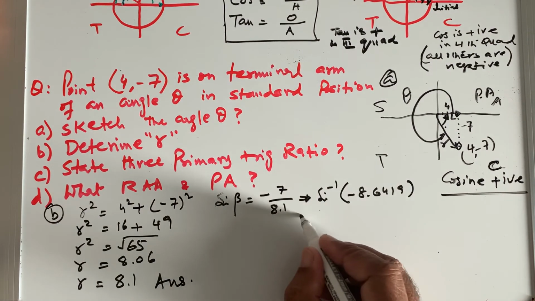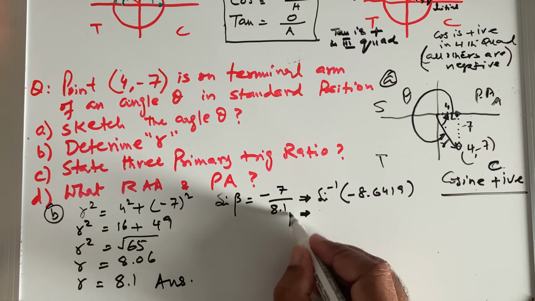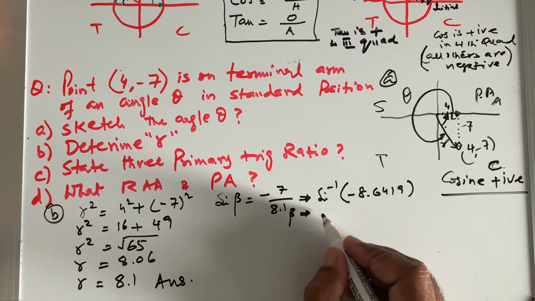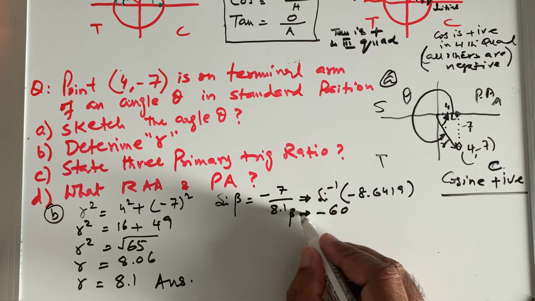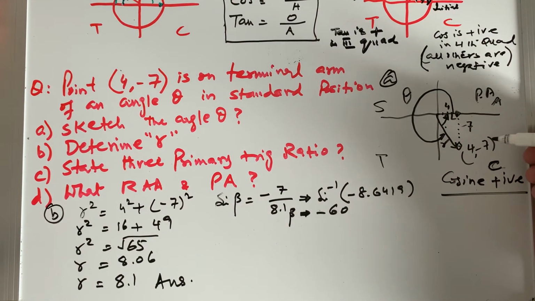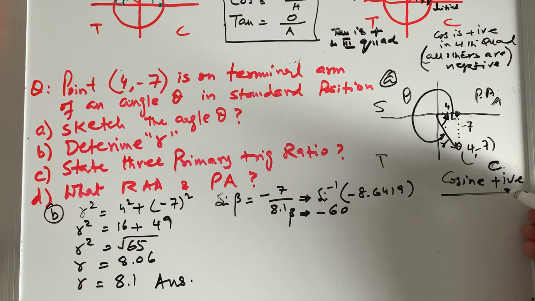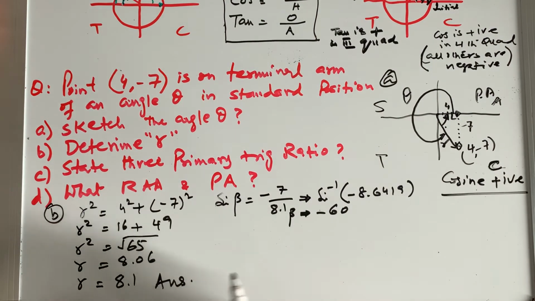If I take sine inverse of this, I have my beta. So beta is equal to minus 60, and it has to be minus because it is in the fourth quadrant. Cosine is only positive. Other trigonometric ratios will be negative.